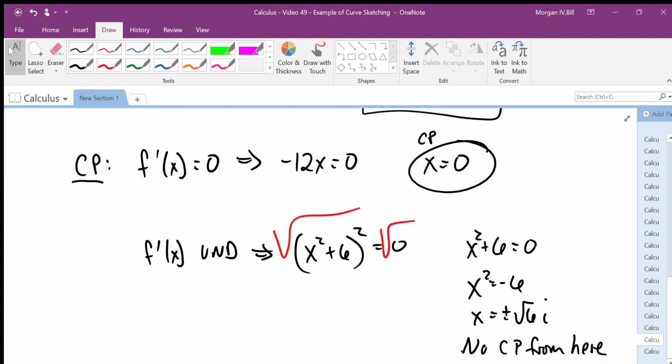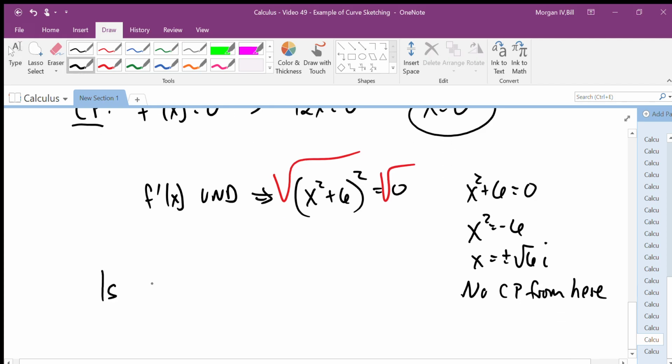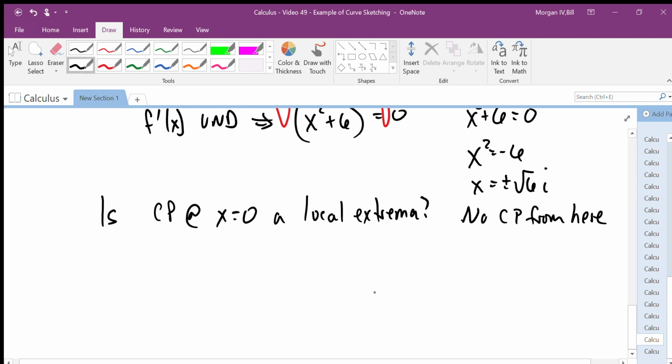Okay, let's see if this is a relative extrema or not. So the question is, is the critical point at x equals 0 a local extrema? I think I called them local, so let's stick with local. To do that, we'll take the first derivative.